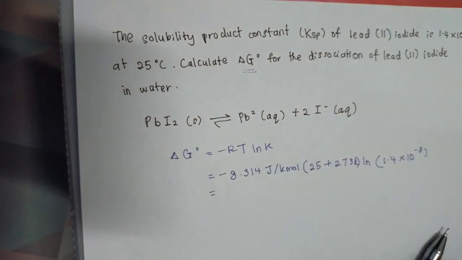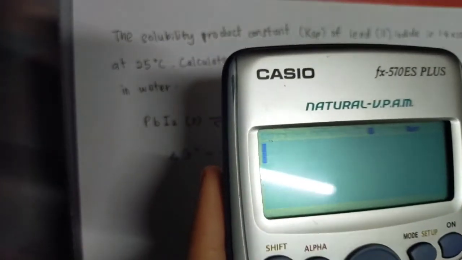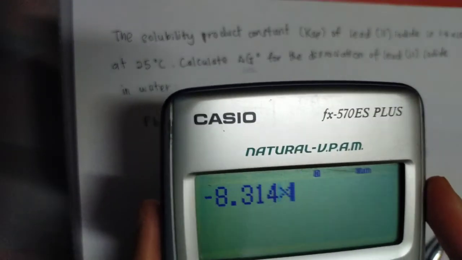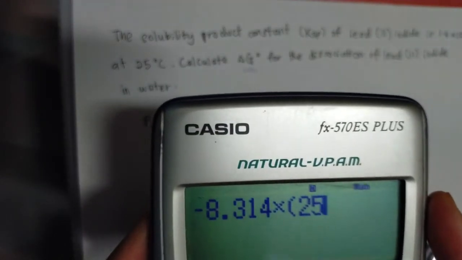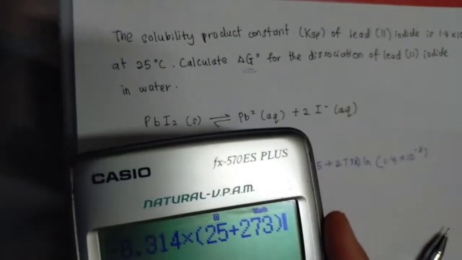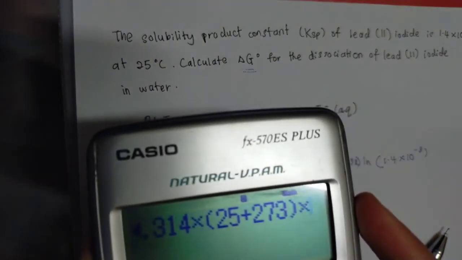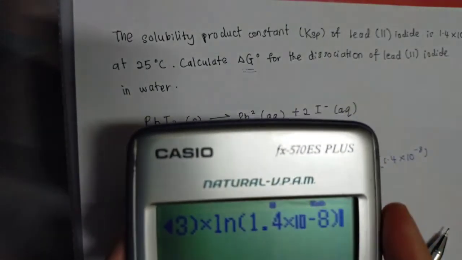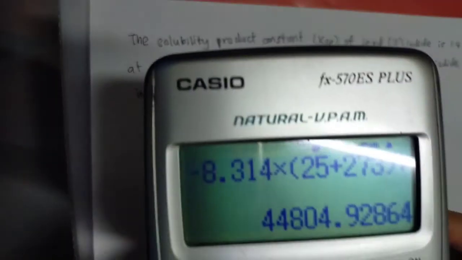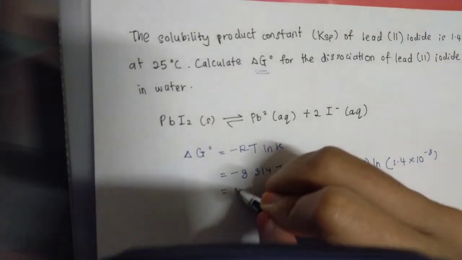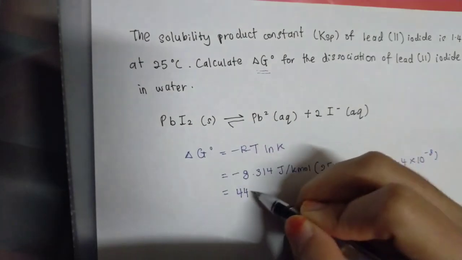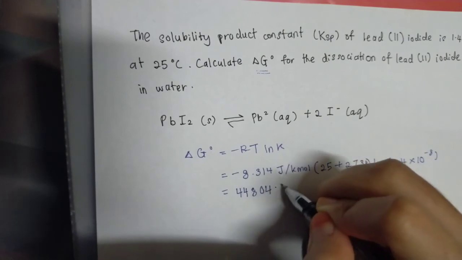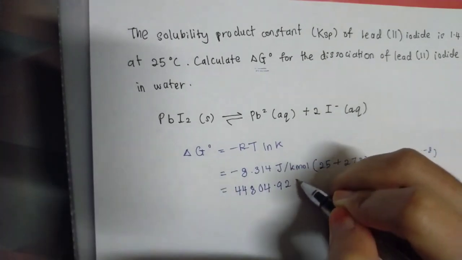So negative 8.314 times 25 plus 273 times ln of 1.4 times 10 to the power of negative 8. Okay, basically we get 44,804.92 joule per mole.